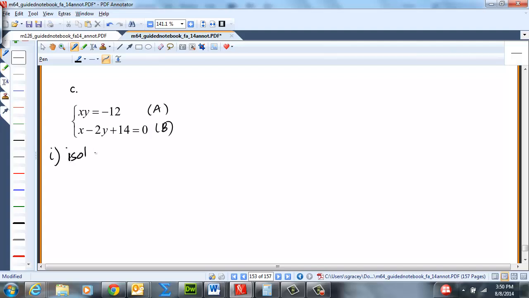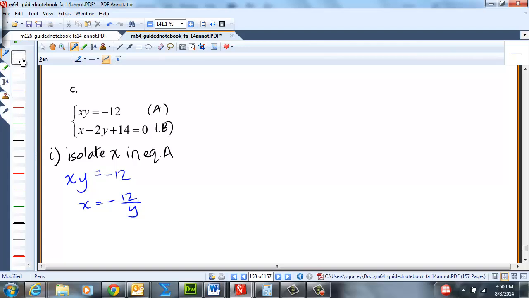Isolate x in equation A. So we'd have x times y is negative 12. So x would be negative 12 over y.